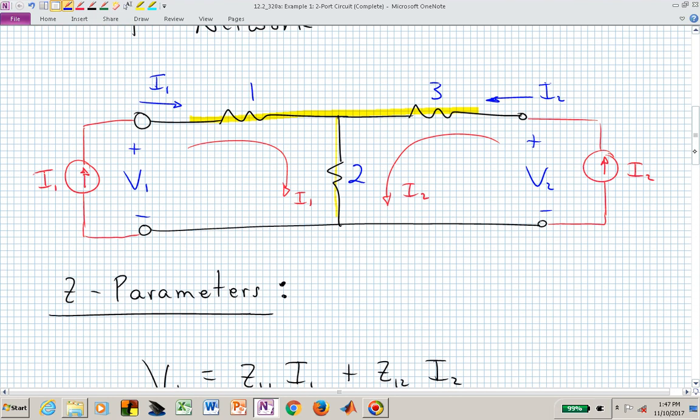Let's now write a KVL equation for the right mesh, and that's now going to be minus V sub 2 coming up from this lower right-hand corner, minus V sub 2 plus 3I sub 2 plus 2 times I1 plus I sub 2.